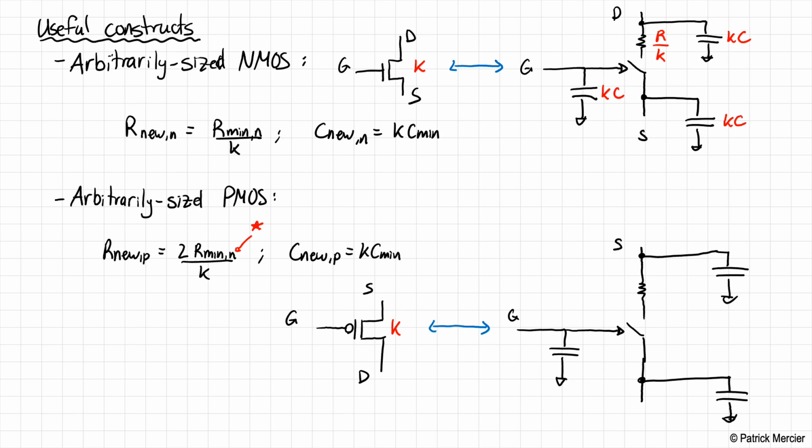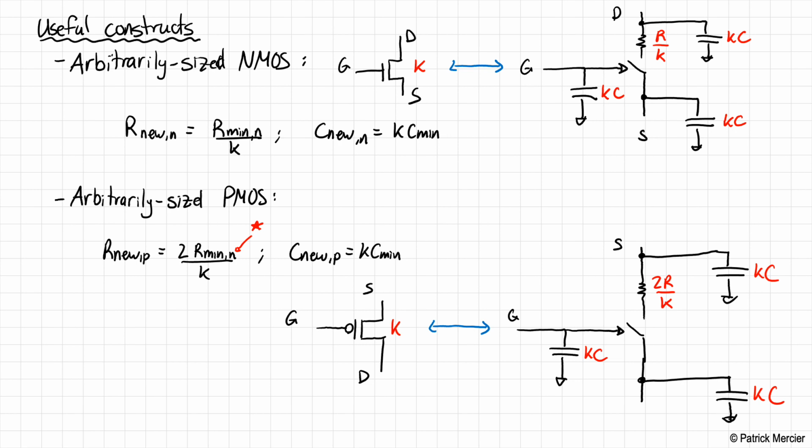Okay, so let's just fill this in. These are Kc, Kc, Kc, exactly the same as for the NMOS case. But now, per our class sizing convention, the amount of resistance is 2R over K. So again, the reciprocal relationship with the size of the device is still there. If you build a bigger device, the resistance ought to be smaller. But per our class sizing convention, the PMOS transistor has double the amount of resistance nominally relative to the NMOS transistor.